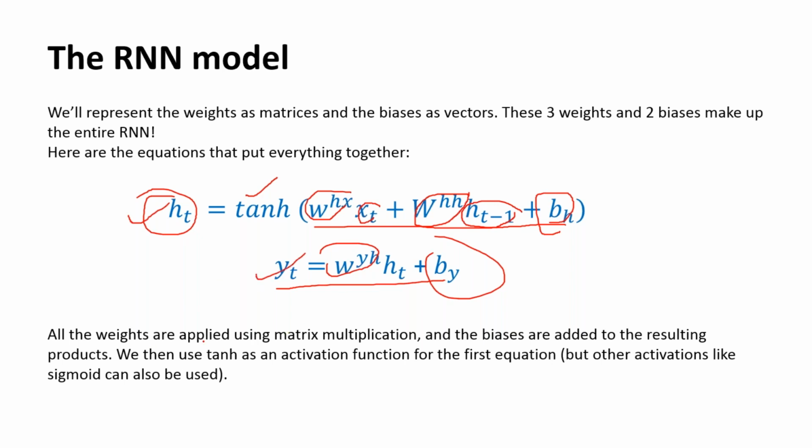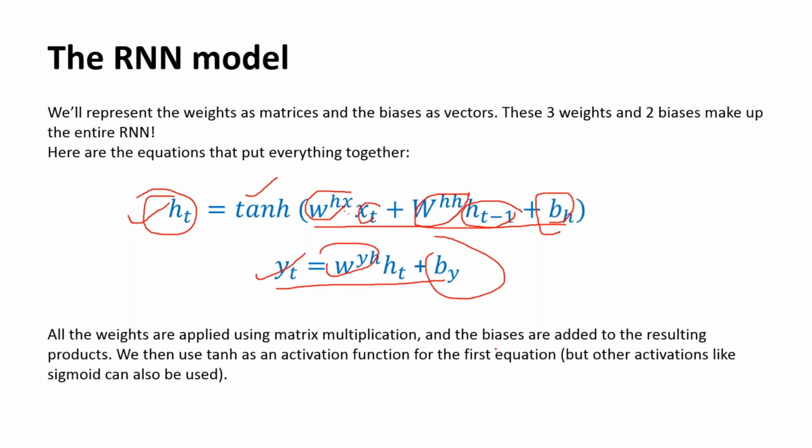All the weights are applied using matrix multiplication. We do a matrix multiplication here, and the bias is a vector and the weights are a matrix, and we calculate by multiplying and adding. So it is a simple linear equation with the tanh activation function applied on top of that, and we get ht.